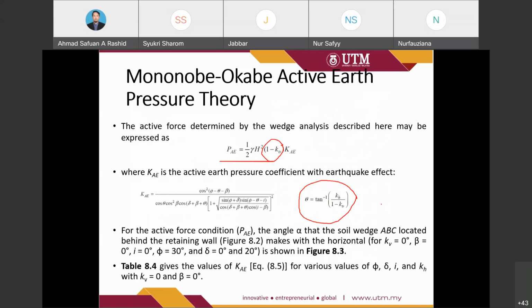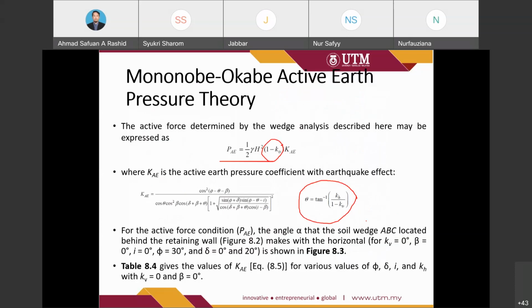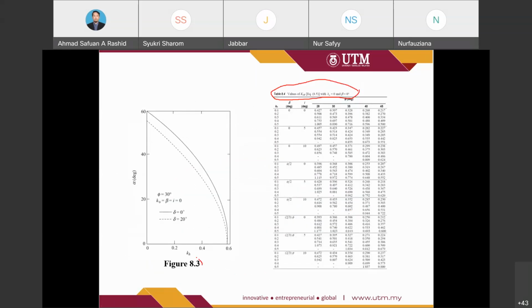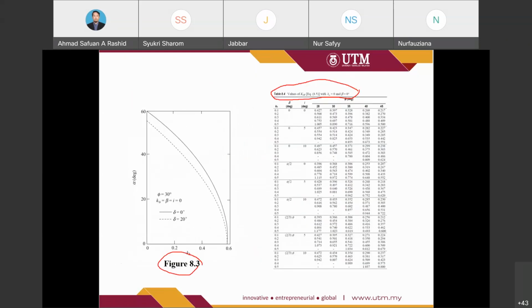And for the angle alpha that we want to determine, we may use figure 8.3.